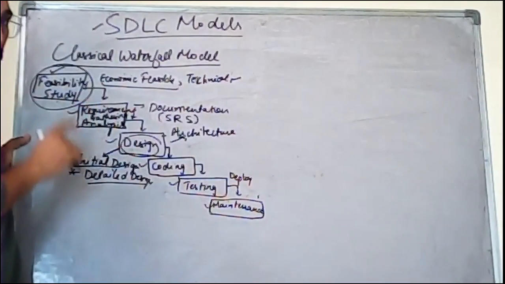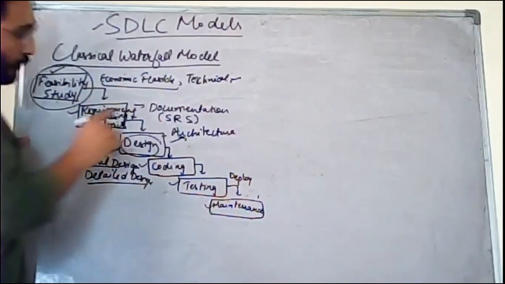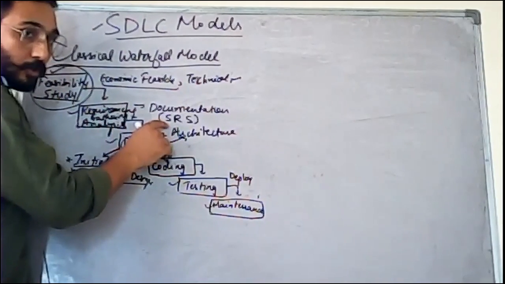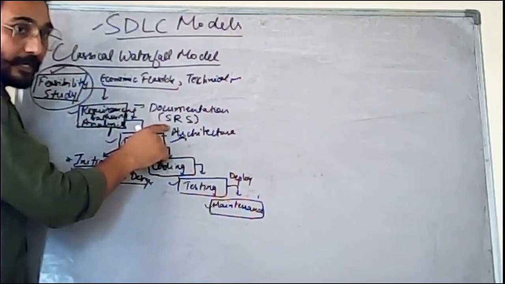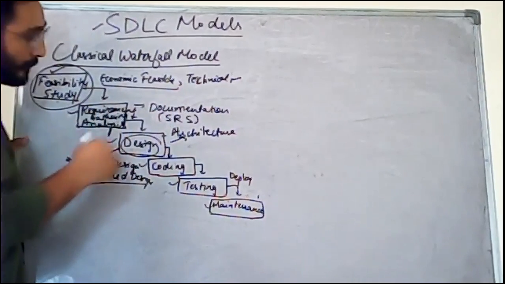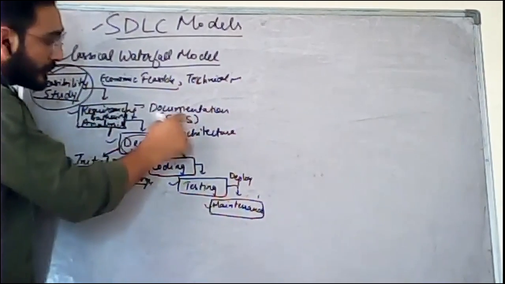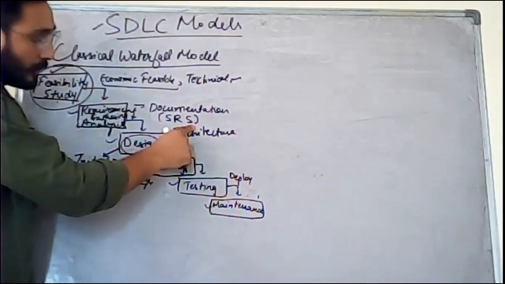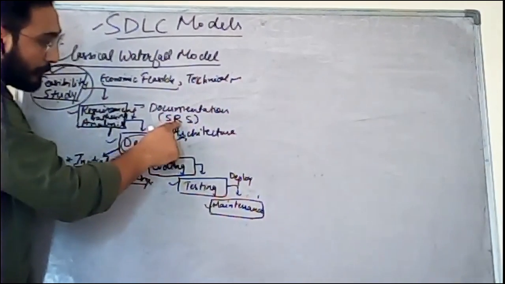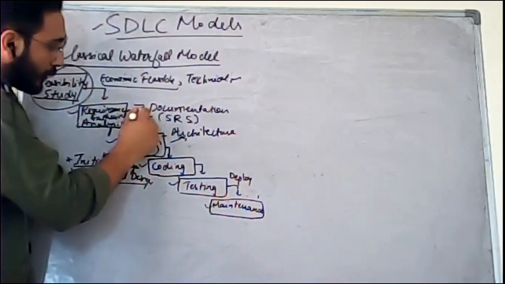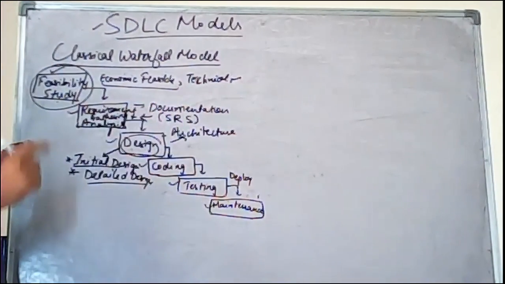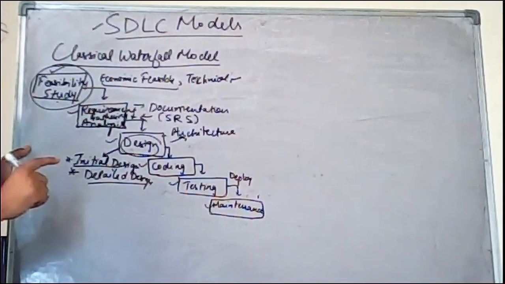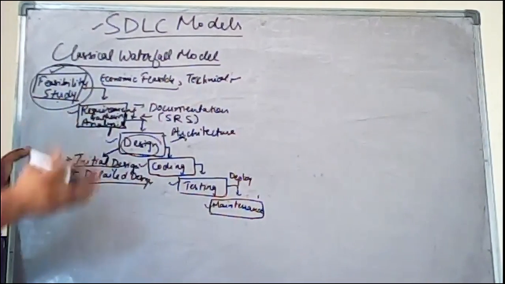Keep in mind, because in our next practical we will draw an SRS of our project. SRS full form is software requirement specification, and this comes under your second phase, requirement gathering and analysis.